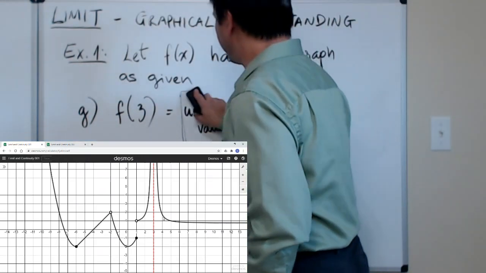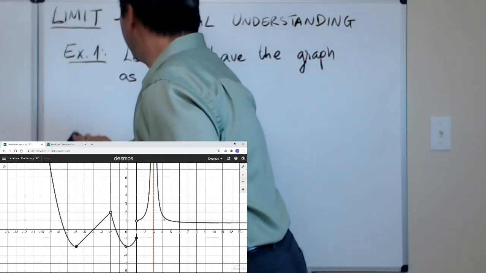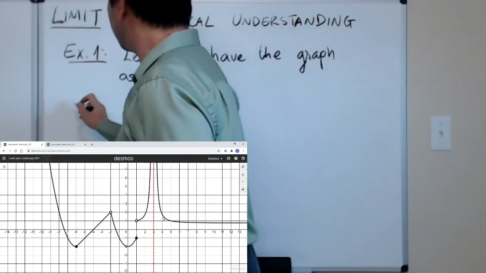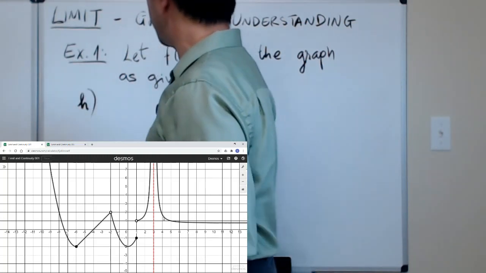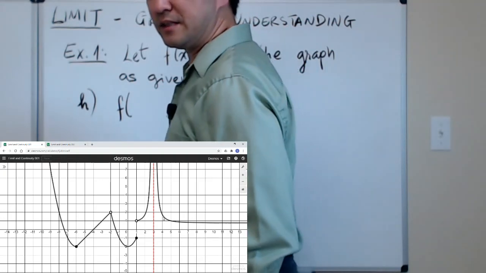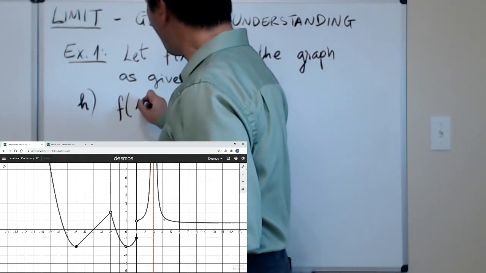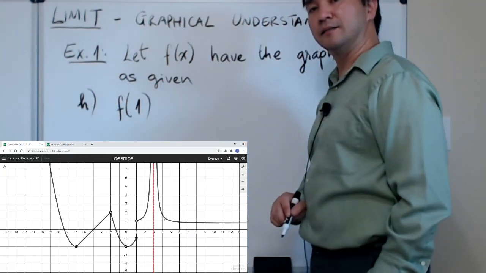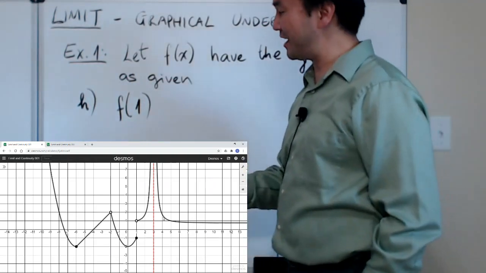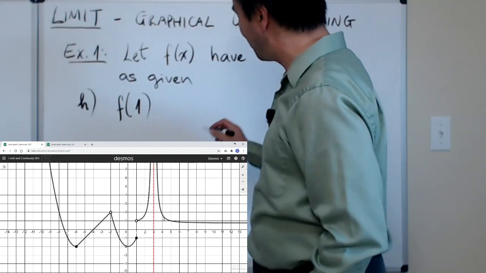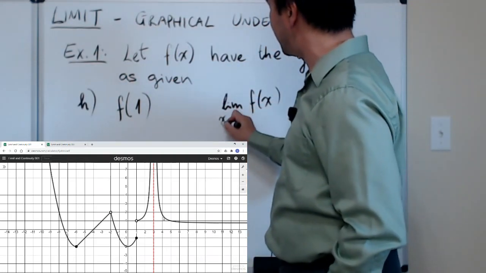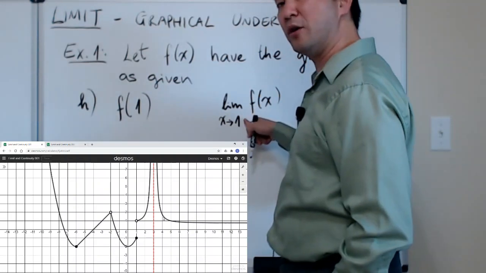And now another one. About this question H of our example. Same function, but what about f of 1? Okay. Now remind yourself, we did earlier, I can't remember which part that was anymore, but we did find the limit of the function as x gets close to 1 generally from both sides.